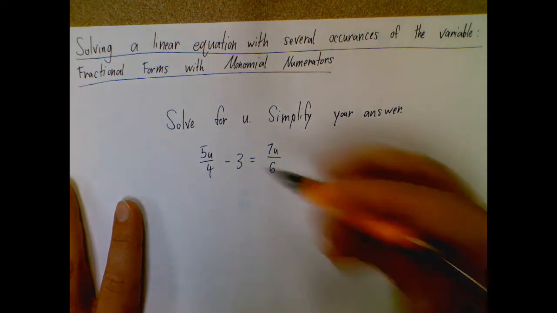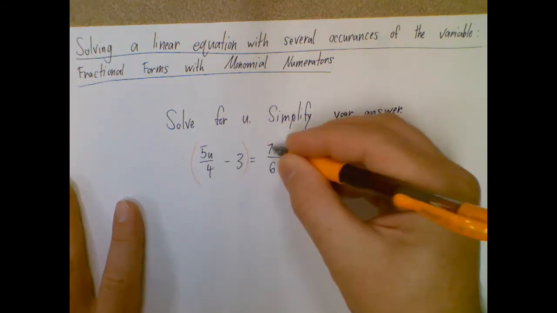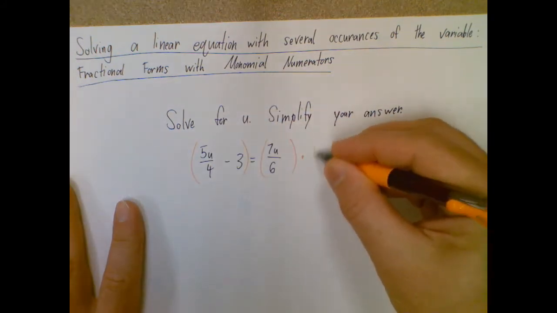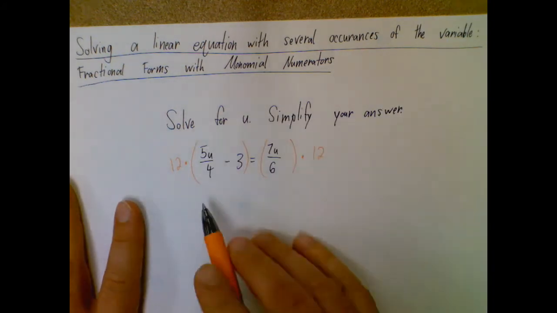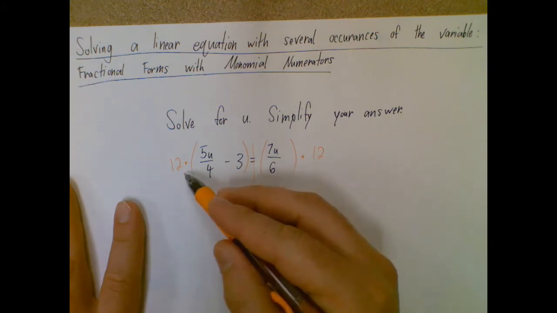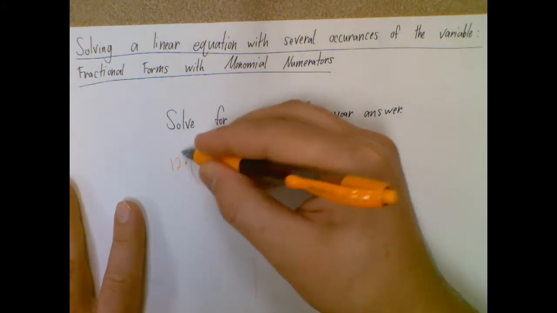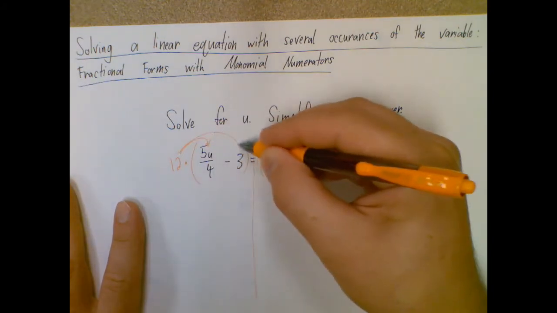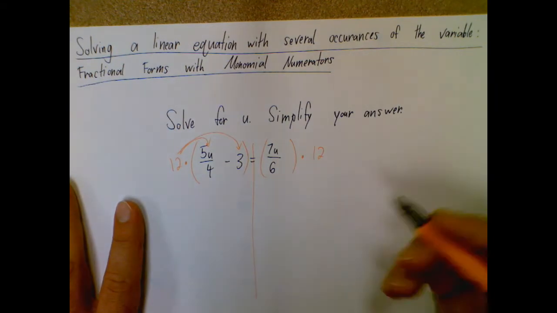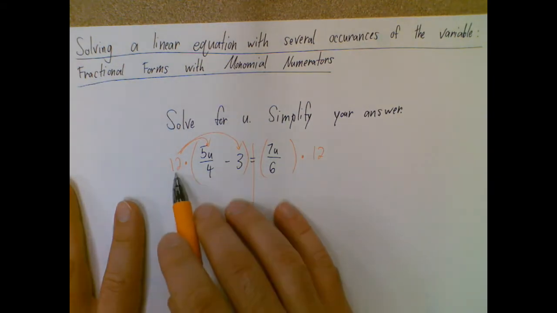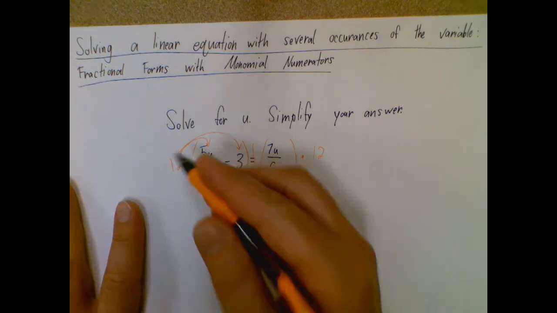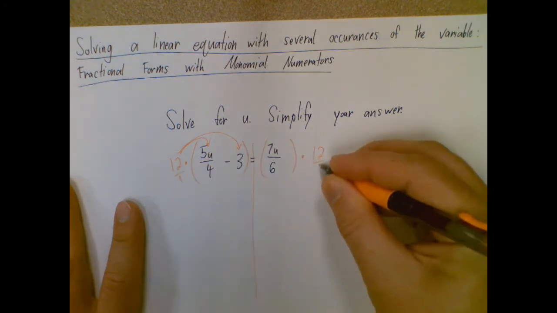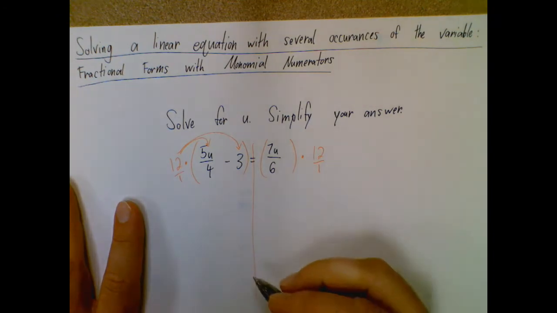I'm going to multiply both sides by 12. Now on this left side, I have more than one term there, so I need to distribute that 12 when I multiply to both of them. So if I do that, I'm going to end up with 12 times 5u, because these are 12 over 1s. If you'd like to put that in to help keep yourself organized, you can do that.